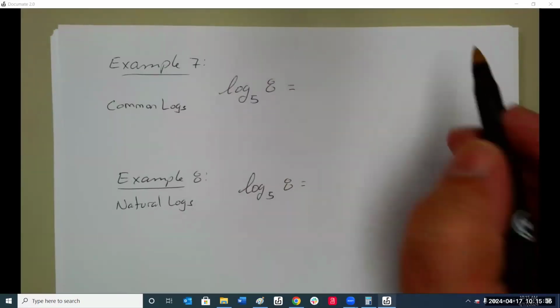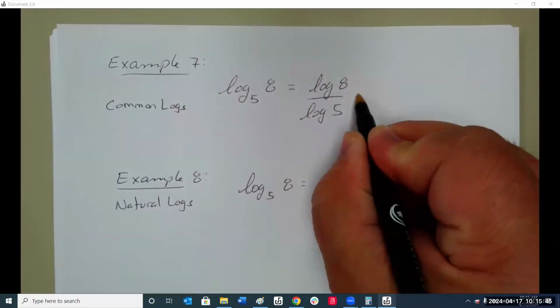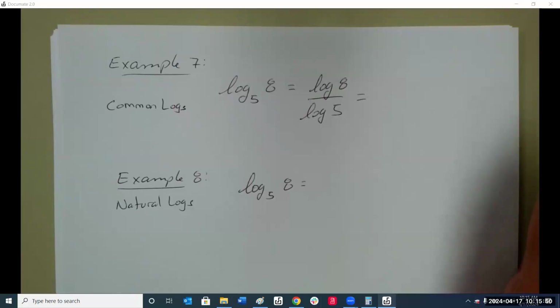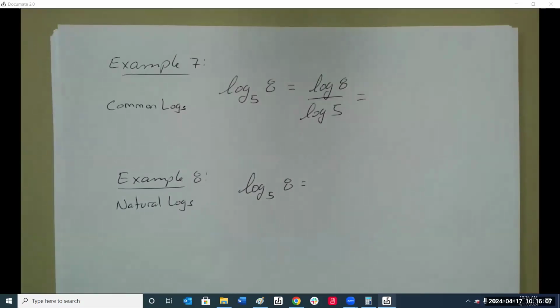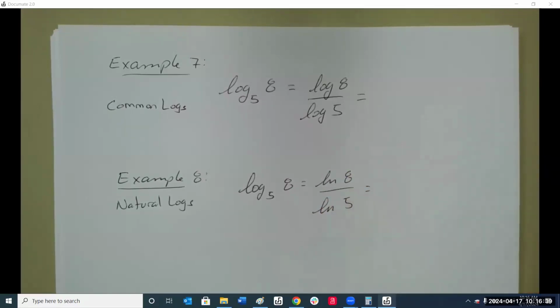So the first one is going to be what? Log 8 over log 5, which is equal to what? Use your calculators. Get your cell phone out and start doing this stuff. Even your cell phone should have a scientific calculator on it. And do the same thing with the next one, ln 8 over ln 5, and see what you get as an answer there.